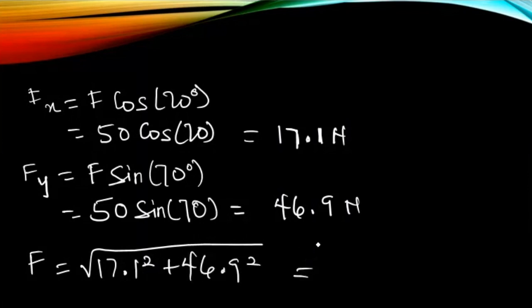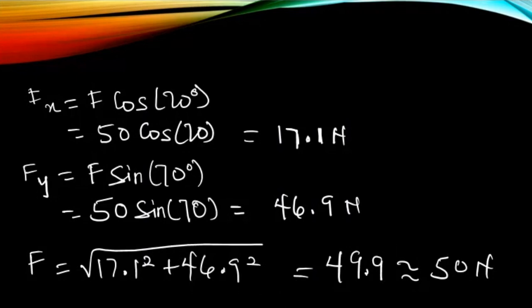When you solve that, you get 49.9, which is approximately 50. So the Pythagoras law holds over here, even when you are trying to find a vector that was given to you, when you break it into the horizontal and the vertical parts. So this is another way of solving this.